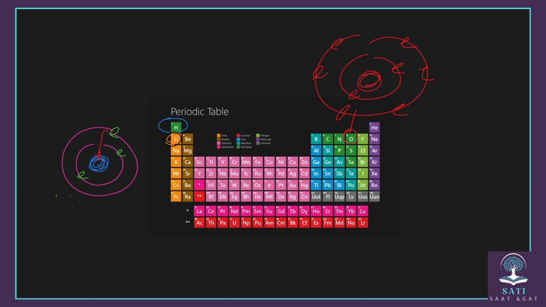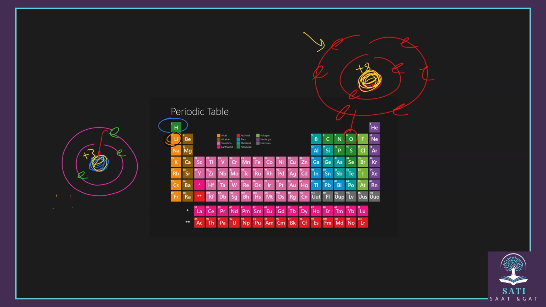So as you see now, the electrons on the second shell, the valence electrons here, are 6 electrons. And the nucleus has 8 protons, so the charge of the nucleus is positive 8, and for lithium the charge of the nucleus is positive 3.